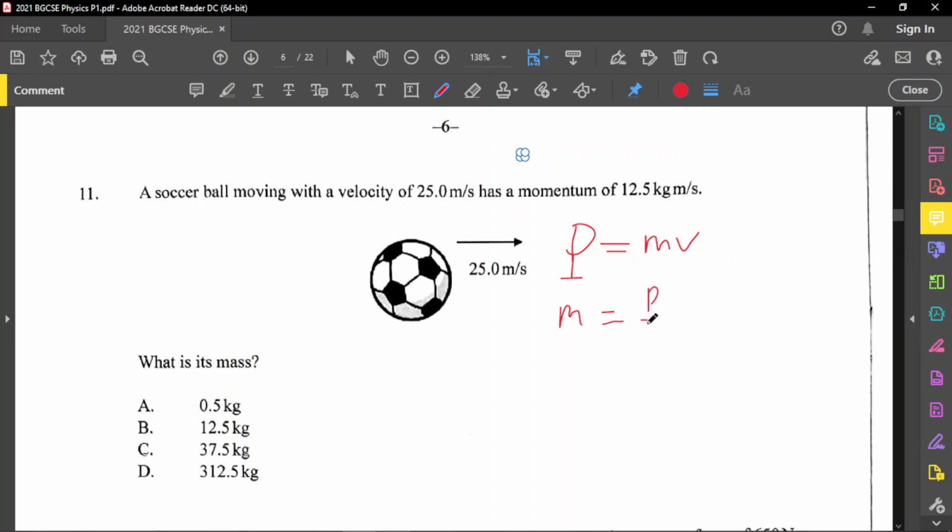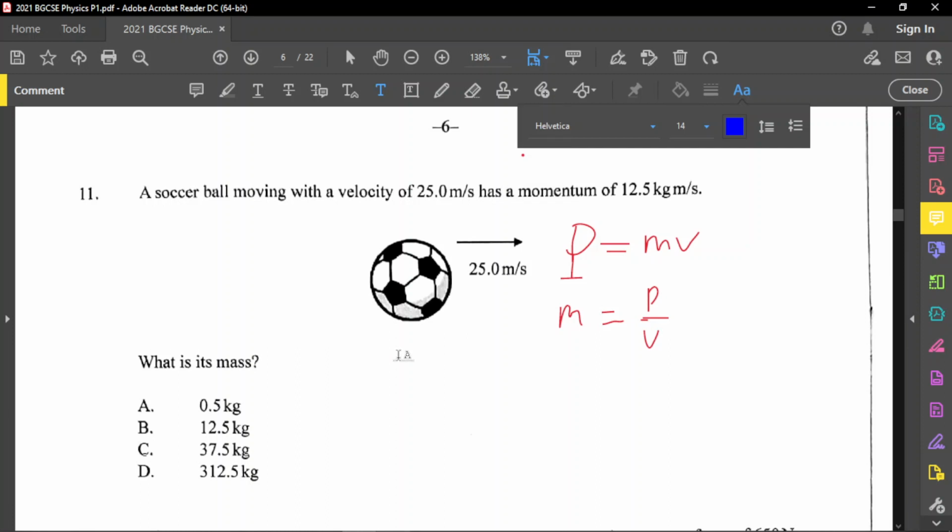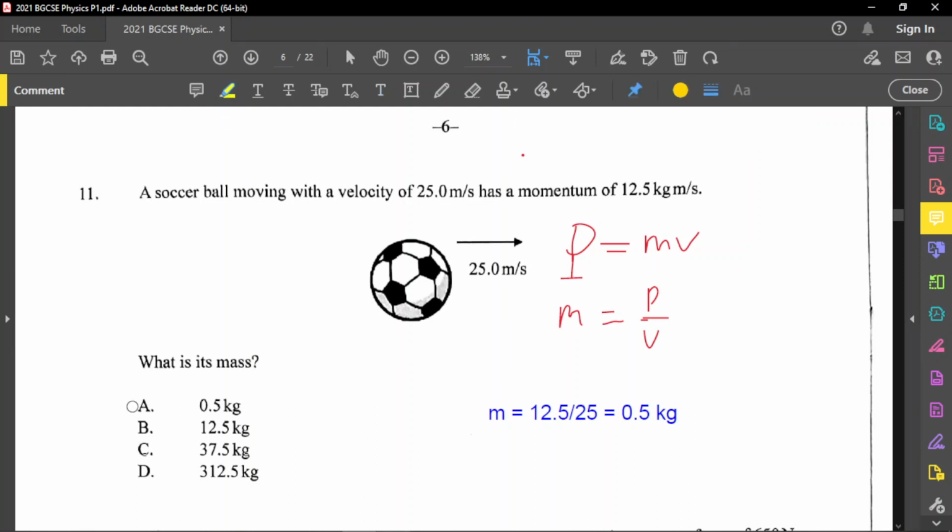By virtue of this, our mass m is equal to the momentum, which is 12.5, divided by 25, okay? So if you have 12.5 divided by 25, what we're going to get here is 0.5. And so that's 0.5 kg, and so A is our correct answer.